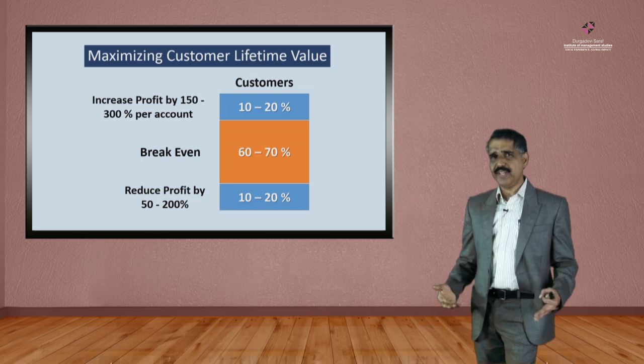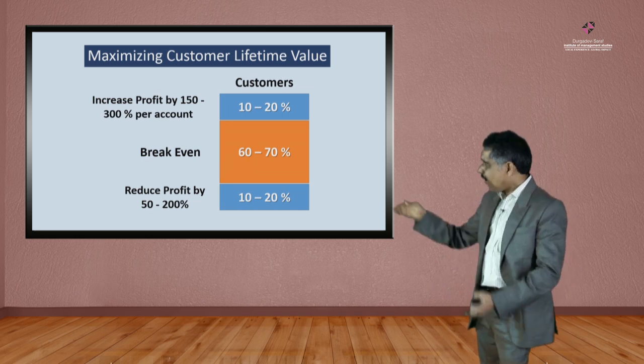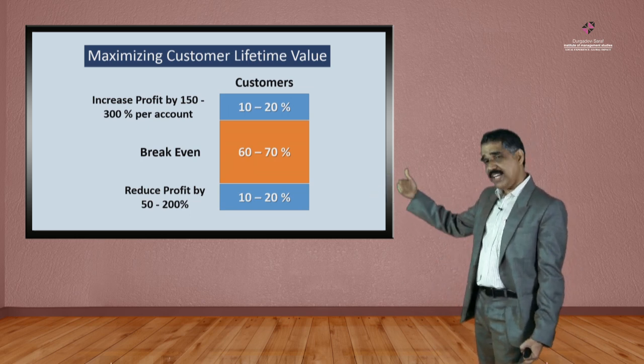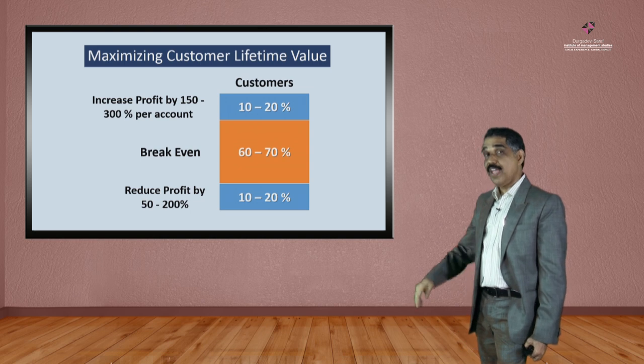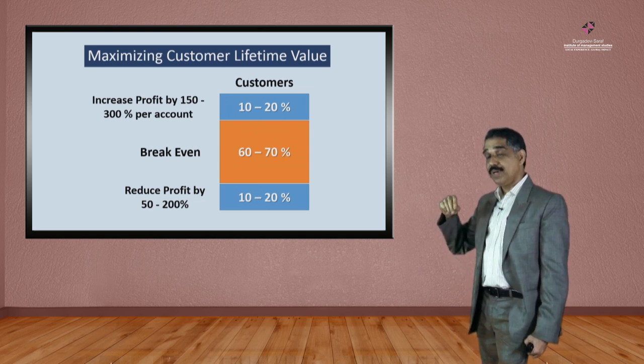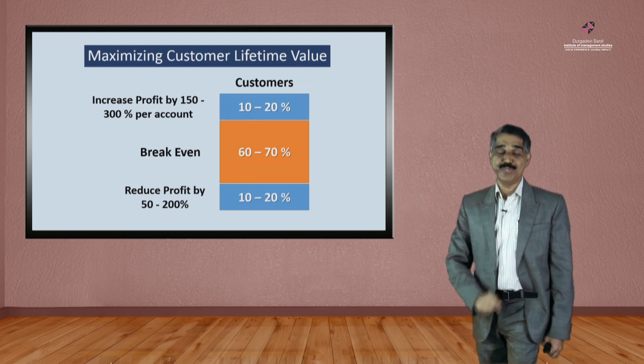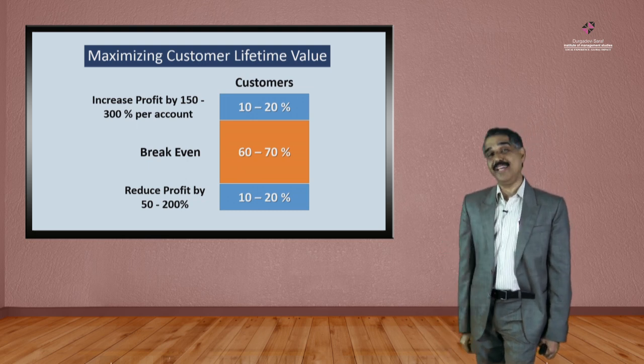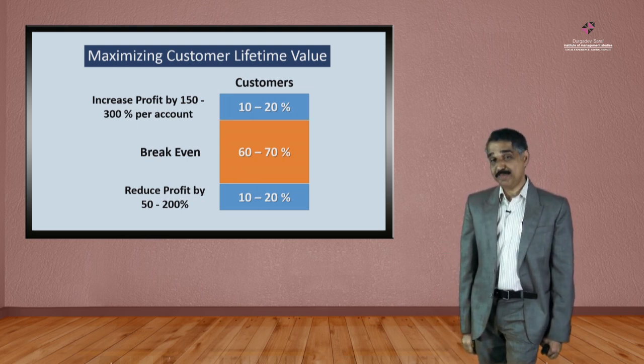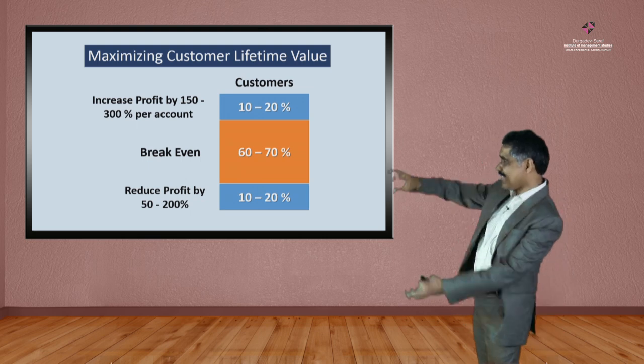Now unfortunately, if you see the bottom of this, the 20%, they have the capability to reduce your profit by 50 to 200%. So look at it, isn't it very interesting?